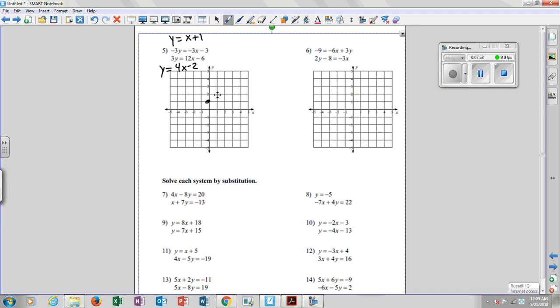Graph those, go up 1 over 1. It's your first line. Second line, go down 2 to start, go up 4 over 1. That was only 3. 4 over 1 is there.